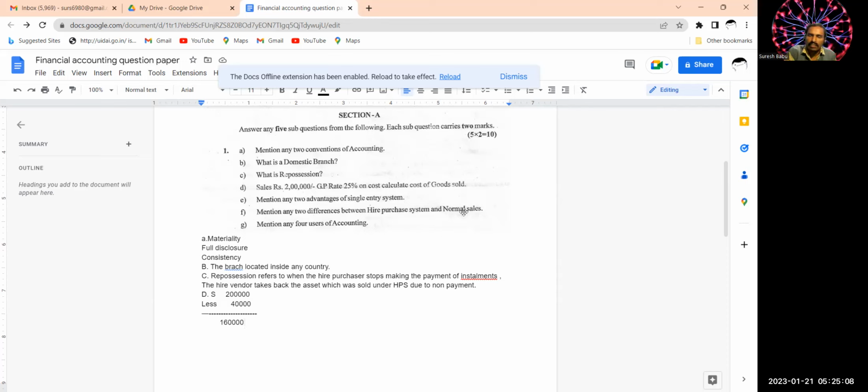In normal sales, it is just a contract of sales. There is a seller and a buyer. Goods will be transferred from the seller to the buyer immediately, and ownership also transfers immediately. In hire purchase system, ownership transfers from the vendor to the purchaser only when he clears all the installments. In normal sales, ownership passes from the owner to the buyer immediately.